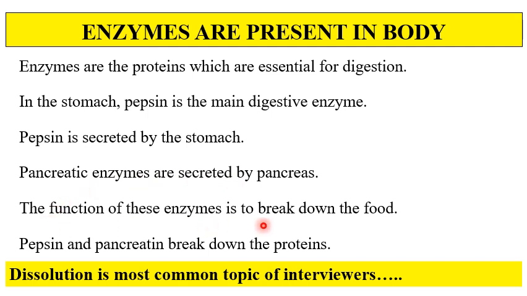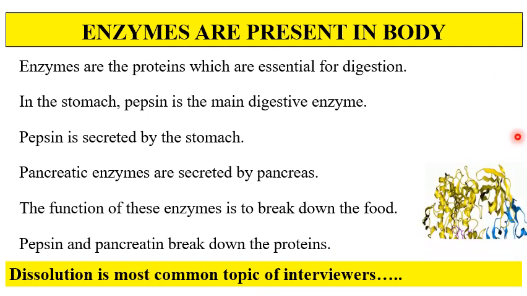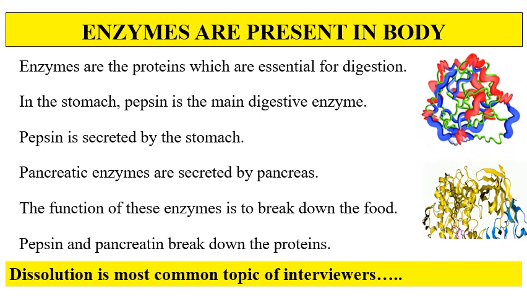The function of these enzymes is to break down the food. Pepsin and pancreatin break down the proteins. See, the enzymes are there in the body, bile salts are there in the body, that means in the GIT. So the cross-linked formulation will not show much impact in vivo. That's why these enzymes are used. So the enzymes can be used in the dissolution media.